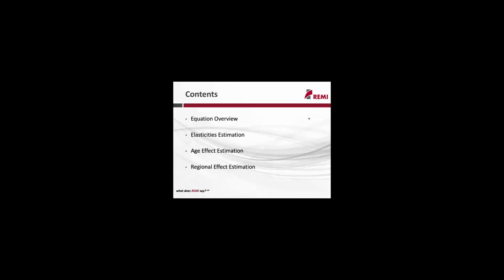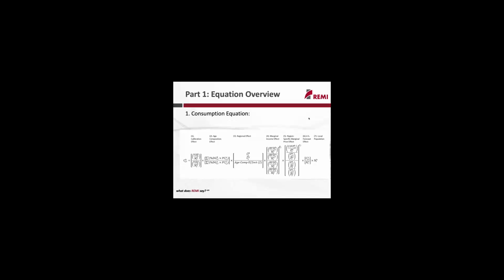So now let's take a look at the equation and then go to the estimation parts. As we can see, the consumption equation is very long. It has 7 terms. The main term here is term 6, which is the national level consumption per capita on commodity J. If other economic conditions in different regions are all the same, the only thing that matters to the total consumption on commodity J in region K is the local population, which is term 7.